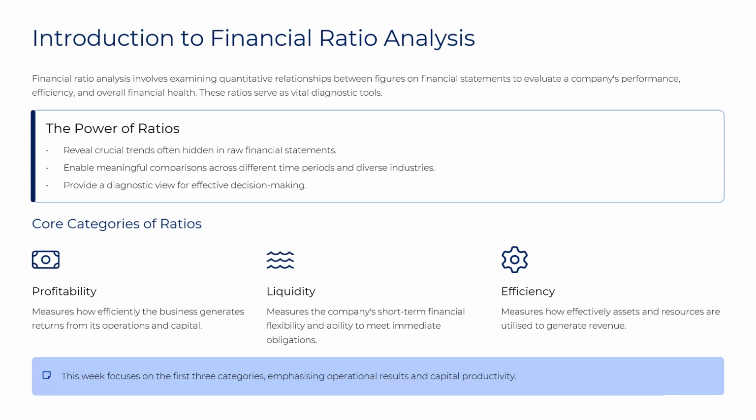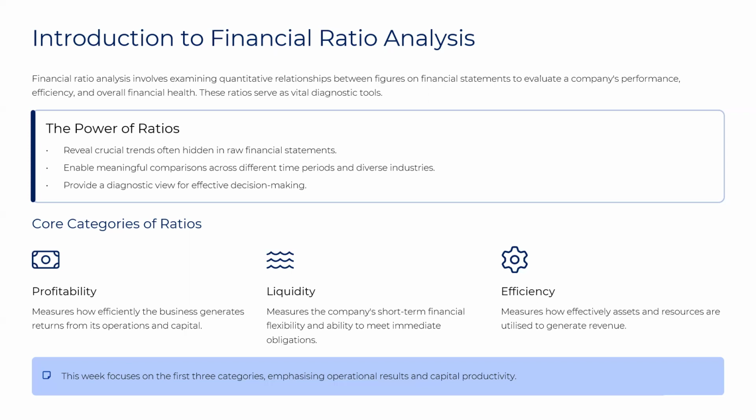So, the power of ratios. Ratios help us to reveal crucial trends often hidden in the raw financial statement. There are some things that are hidden in the financial statements, but while you are performing your ratio, those hidden things begin to unfold, and your understanding of ratio will help you to interpret what is in the financials.